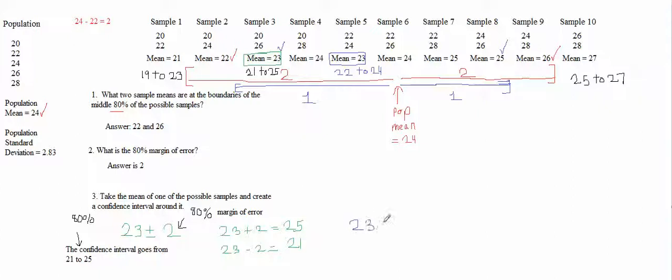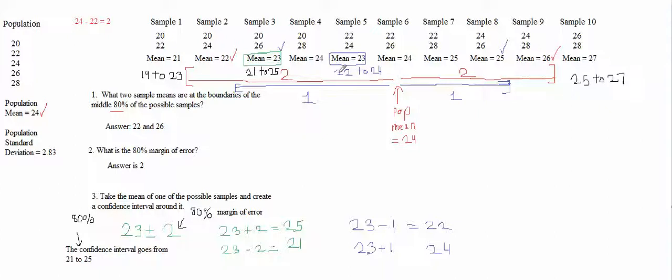We just take the sample mean, add and subtract the margin of error. Notice how we're adding and subtracting the 60% margin of error. Since we're doing that, it becomes something called the 60% confidence interval.